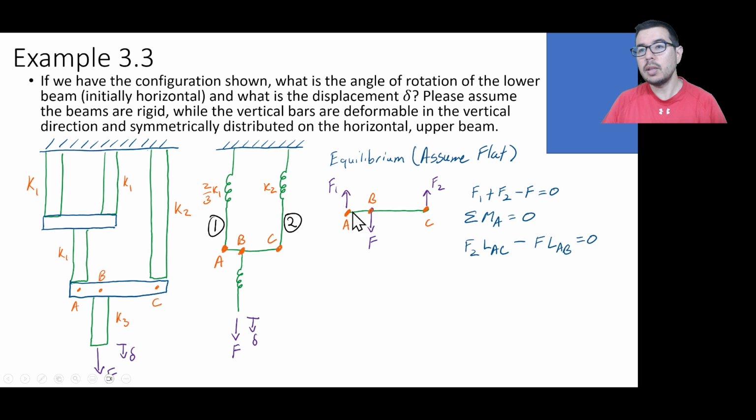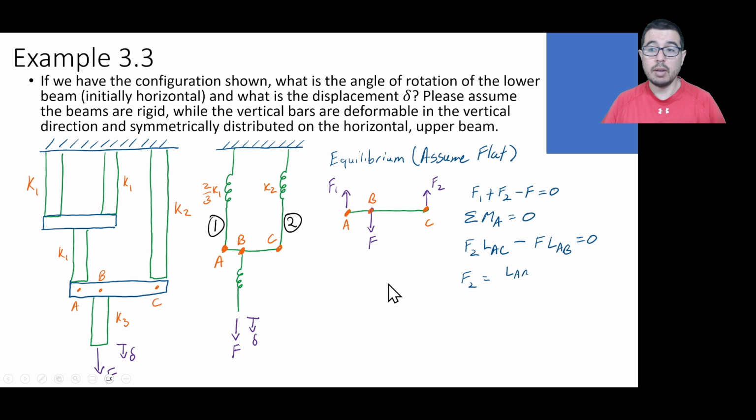And again, we're going to assume that there's very little rotation of this beam, and we're going to do the summation of the moments at this point A. And what are we going to have? We're going to have this F2 acting over this lever arm L_AC, so that entire length. And we're going to have this F acting over this smaller lever arm AB.